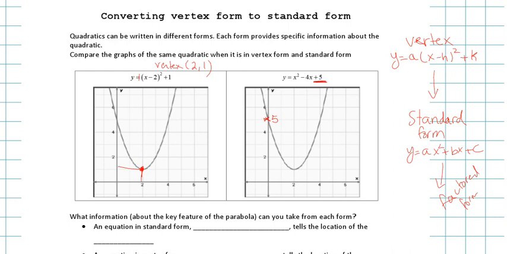And that's always going to be the case. The standard form will give you your y-intercept right away without doing any math. By looking at it, you know where your y-intercept is. Okay? Anything else that you can know from the standard form? No. Well, yeah, sure. I know it's going to open up because my a, again, this a, and this a, where is it?